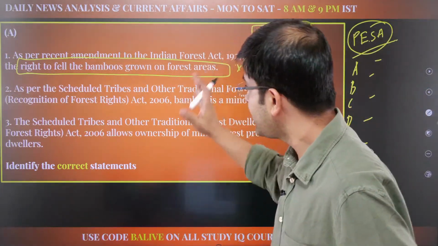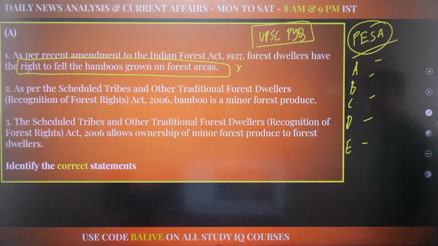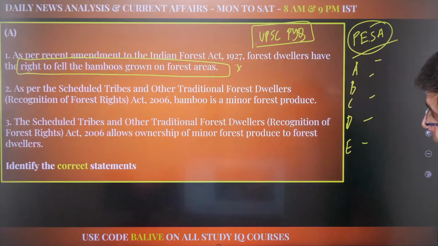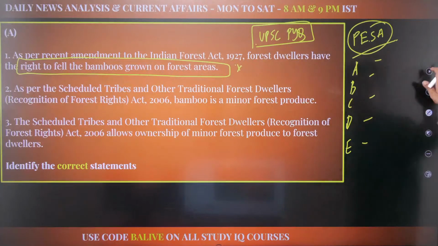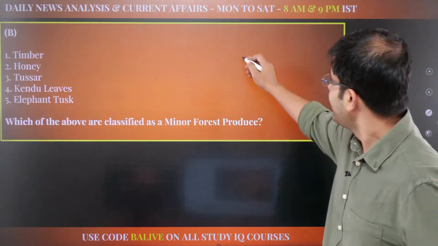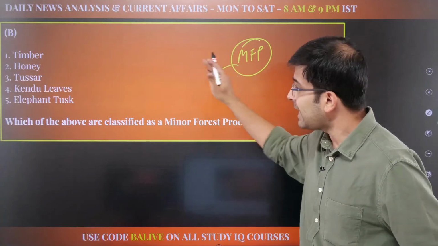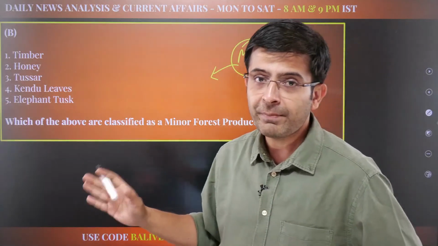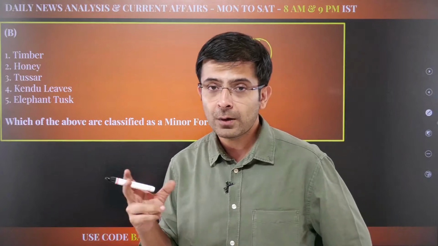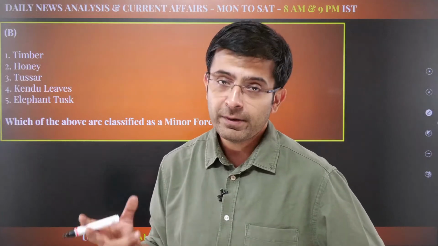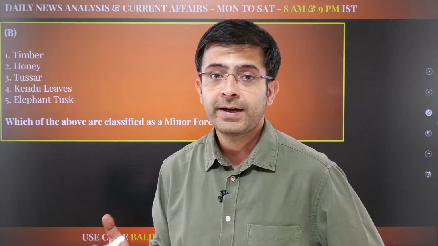So answer this question, which talks about the Forest Rights Act, the Scheduled Tribes Act. Yes, we discussed all of this. MFP, minor forest produce. This is one type of question that you should prepare for: whenever you are given a particular concept, at least in terms of environment, know the examples straight away.